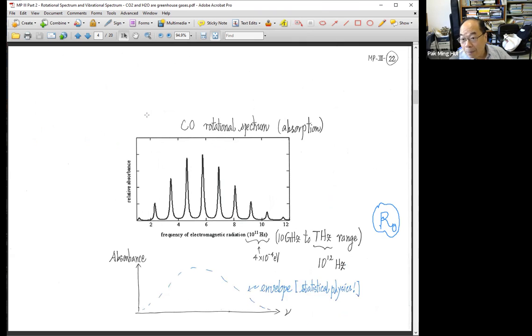Here is another example, carbon monoxide. This is a rotational spectrum. By that, I mean the experimental work is done in the terahertz frequency range. Okay, so here you see, this is terahertz, 10 to the 12 hertz, okay?